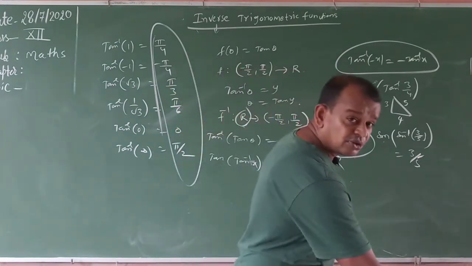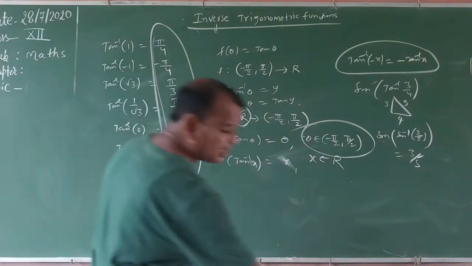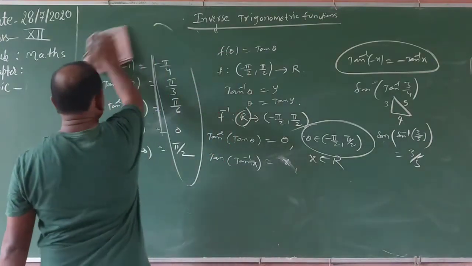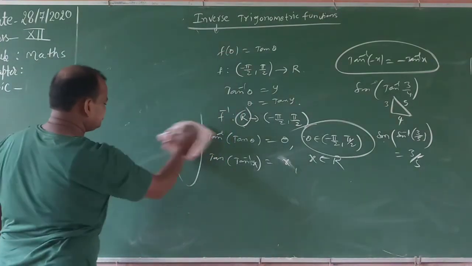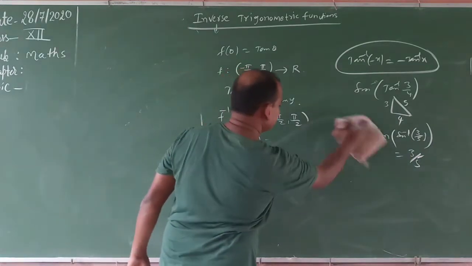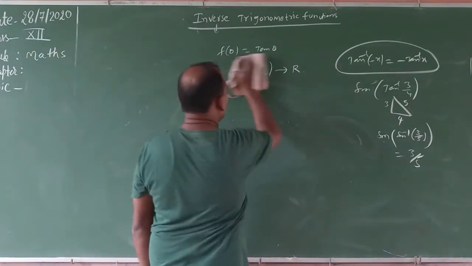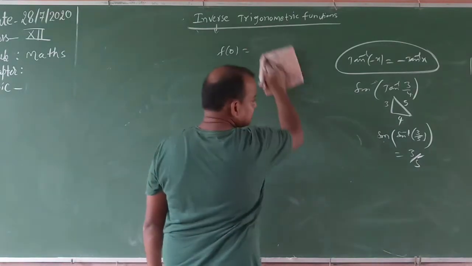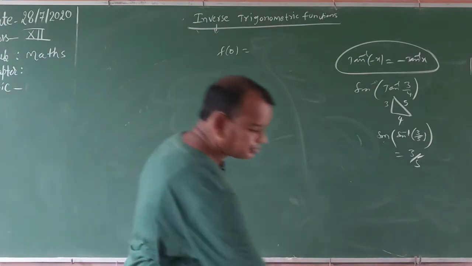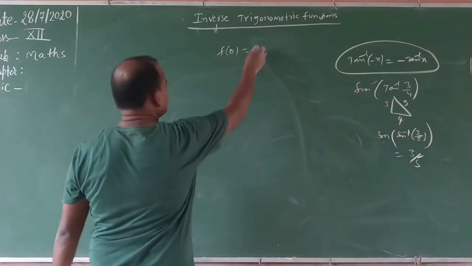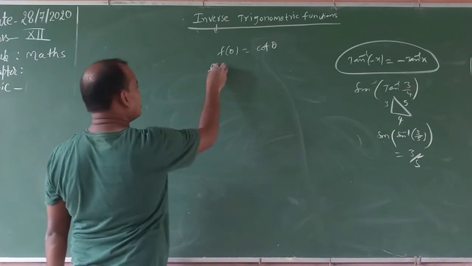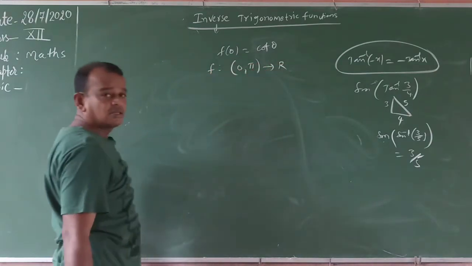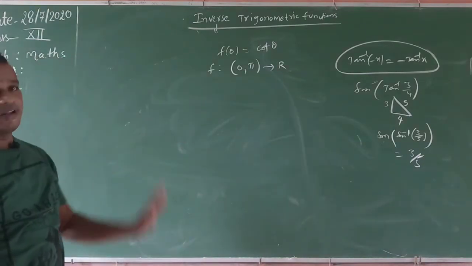The same way, next we will go to cot. Tan is completed, now cot. Cot is a bijection on some restricted intervals. Next function is cot. f of theta is cot theta, defined on the open interval 0 to pi, mapping to R, and it is a bijective function in this interval only.